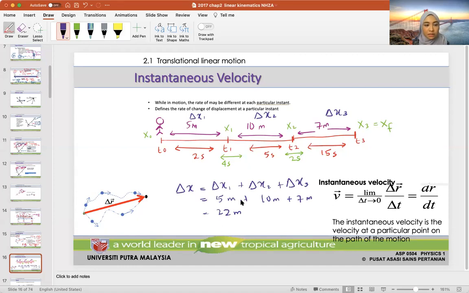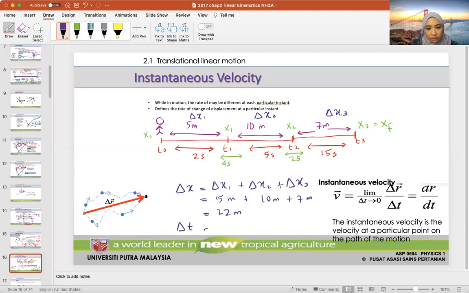The displacement is equal to distance because this is one dimension. Okay, sebab yang paling dekat is also the distance, right? Okay, so that is your delta x. What about your total time? 28 second. 2 plus 4.